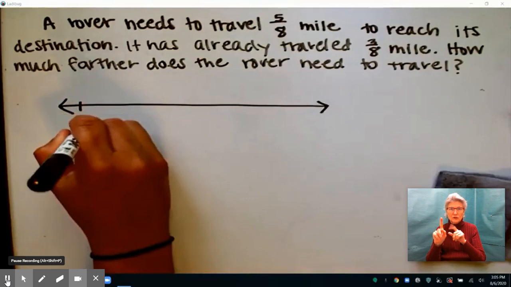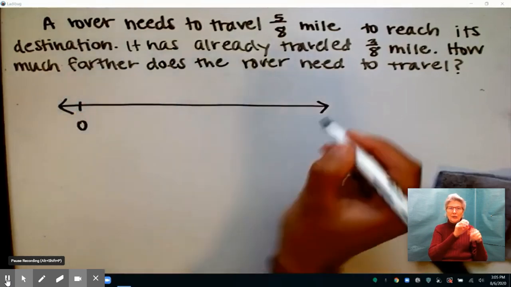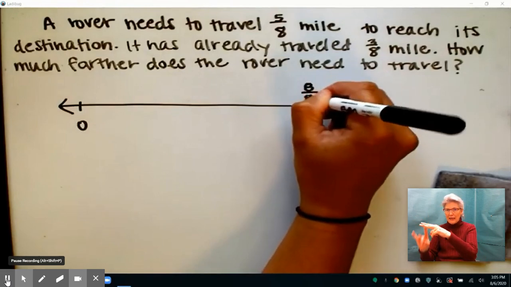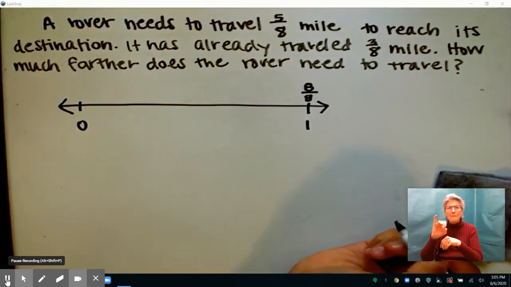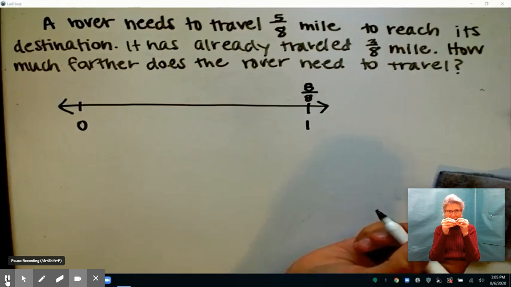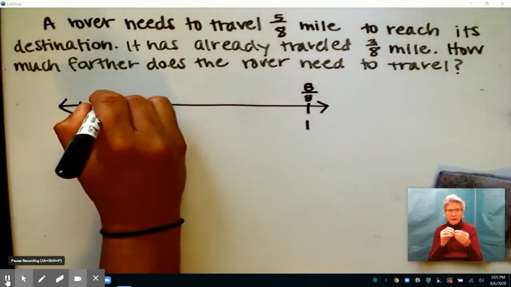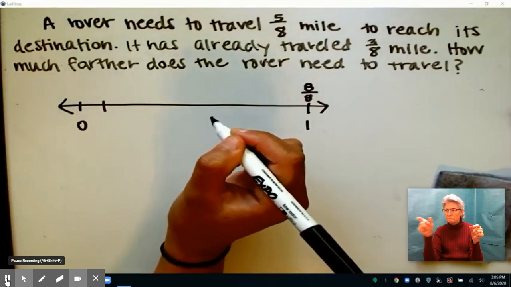And I know that I'm going to start at 0 and I would finish at 8/8, which would be equivalent to 1. And now I'm going to just add my eighths along the way, or decompose this number line into eighths to help me visualize what's happening.